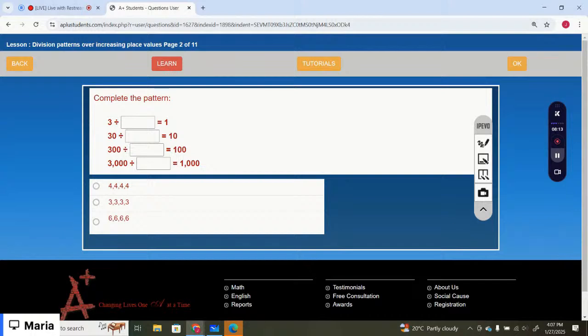Complete the pattern. 3 divided by what number is 1? 30 divided by what number is 10?